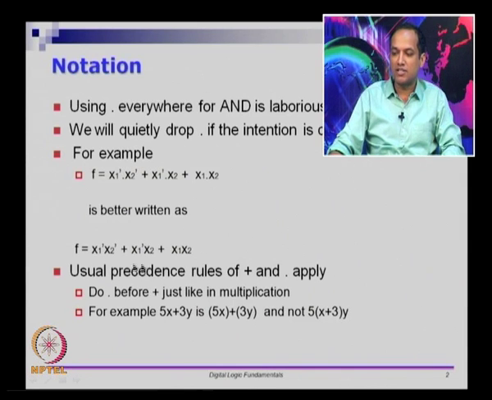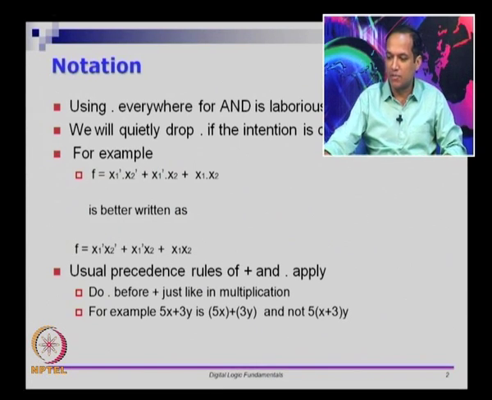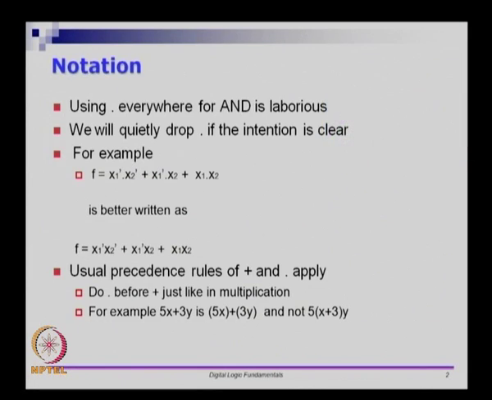When you read this expression, this is x1 complement x2 complement logically ORed with x1 complement x2. It is not x1 complement x2 complement or x1 complement. So you have to be careful about how these things are grouped. Sometimes we will use parentheses explicitly, sometimes you should use the basic rules of precedence that you have in algebra, and just carry it over here.